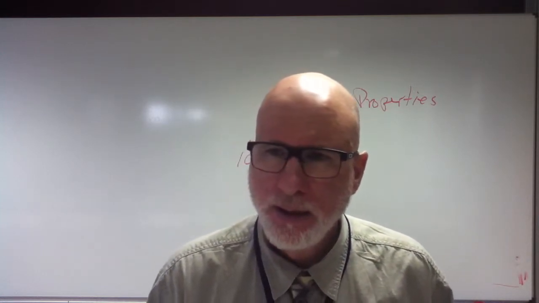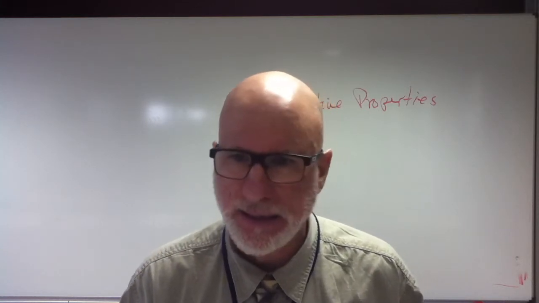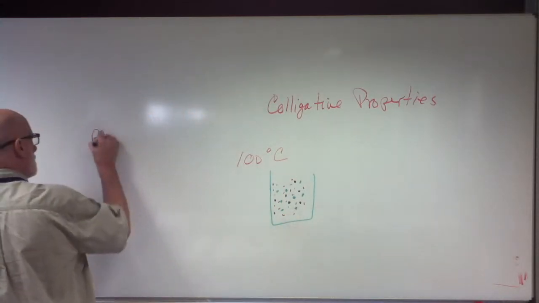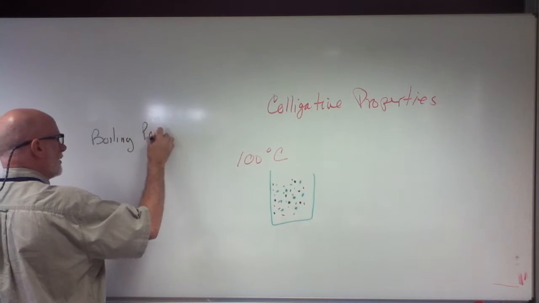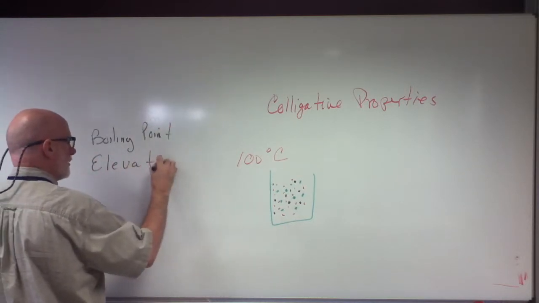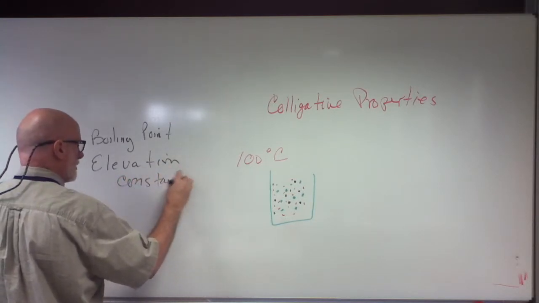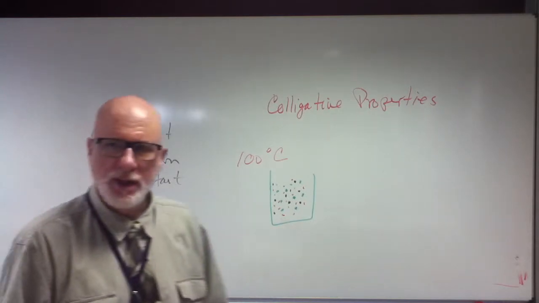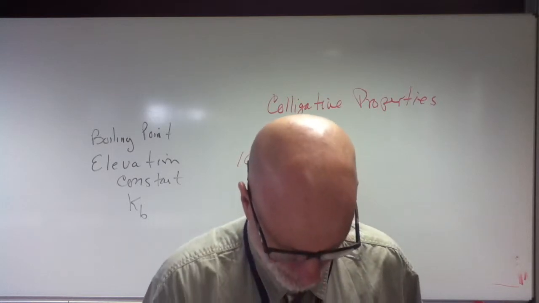The boiling point elevation constant. It's called K sub B. And what is K sub B for water?